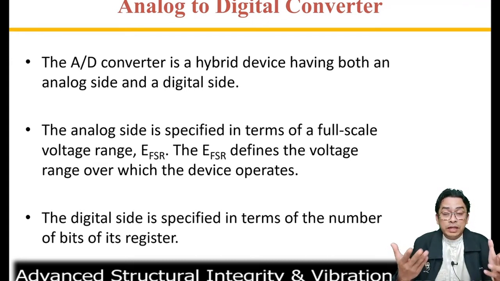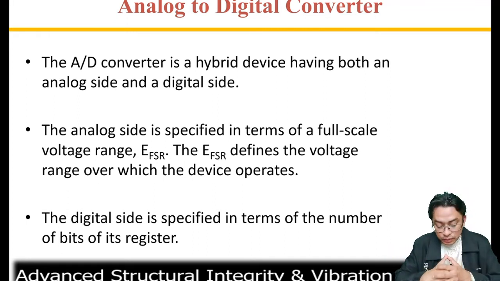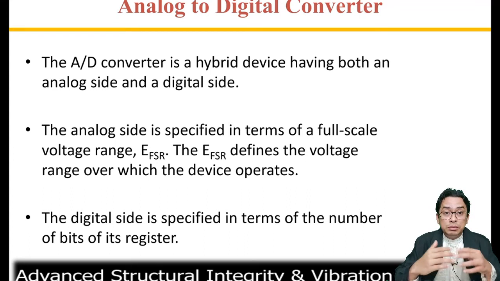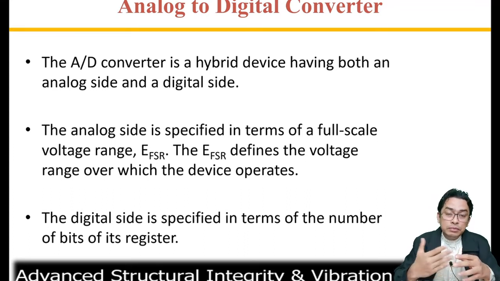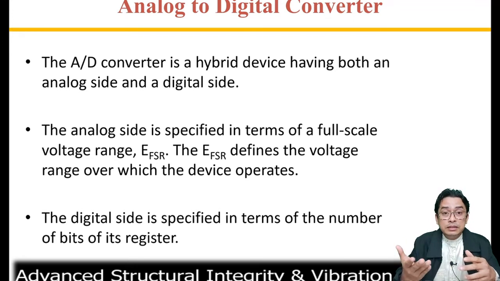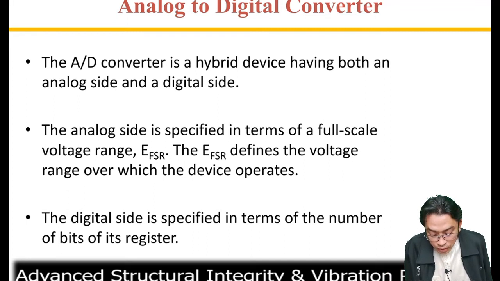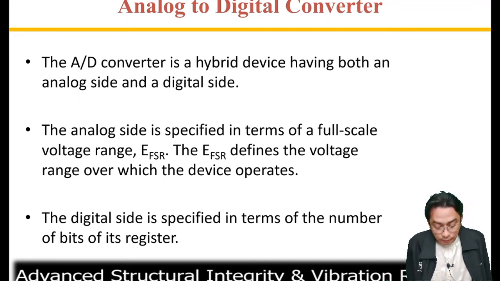For example, if we have 10 volts, the range is 0 to 10. That one is unipolar, but some DAQ or A to D, some data acquisition devices, have an A to D that works in bipolar, which is plus minus, let's say, 5 volts. It still gives the 10 volt range, but in bipolar terms, it is plus minus 5 volts. So that is the EFSR.